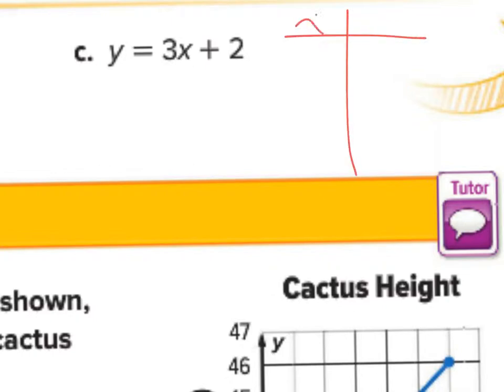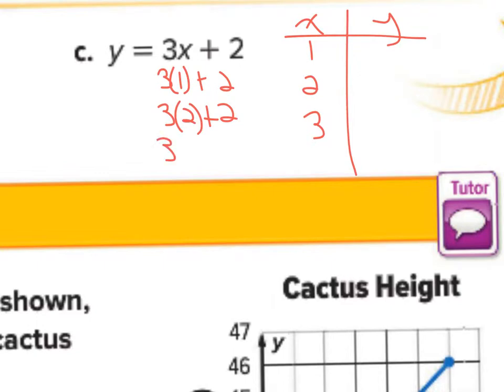This time I'll make it easier. This time I'll just go 1, 2, and 3. And we put the 1 in here, so it becomes 3 times 1 plus 2, then 3 times 2 plus 2, and then 3 times 3 plus 2, just replacing my x variable.